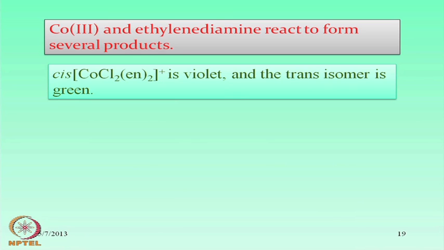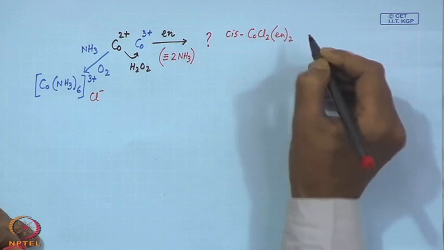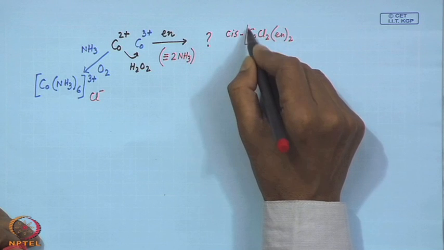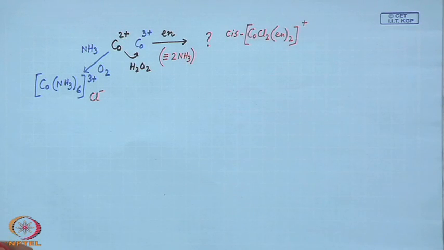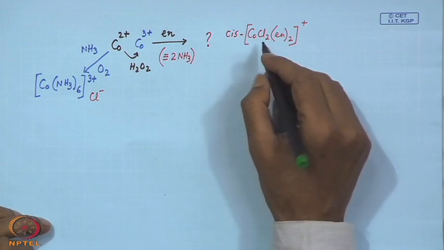So, we have cis [CoCl2(en)2]+, which has one single positive charge.